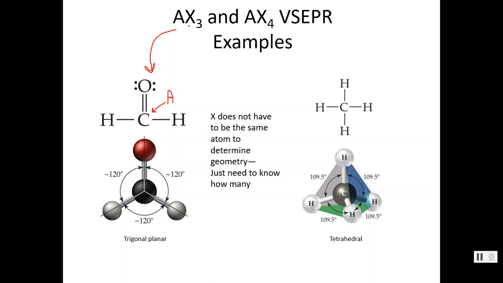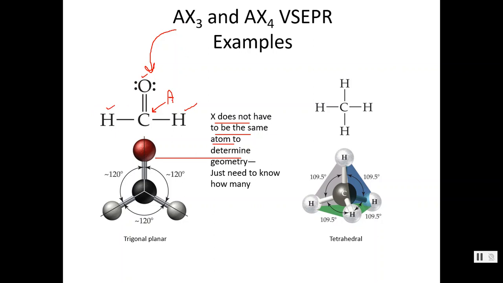X, remember, X represents the atom that is bonded to the central atom. It does not have to be the same atom to determine geometry. You just need to know how many you have. So in this Lewis dot structure on the left, with my central atom, I have 1, 2, 3 bonded atoms.